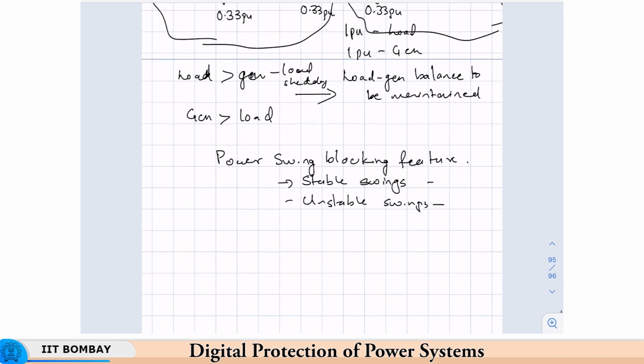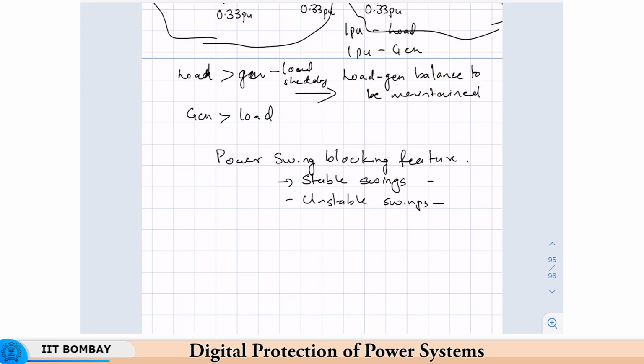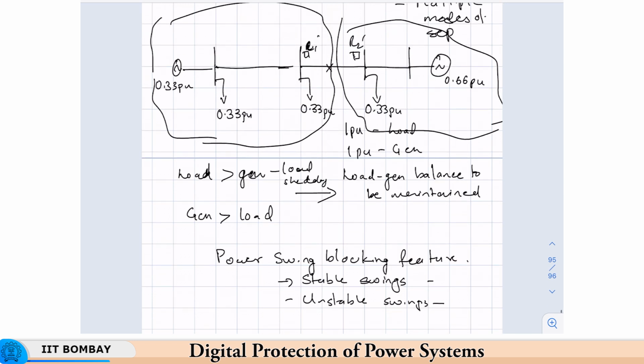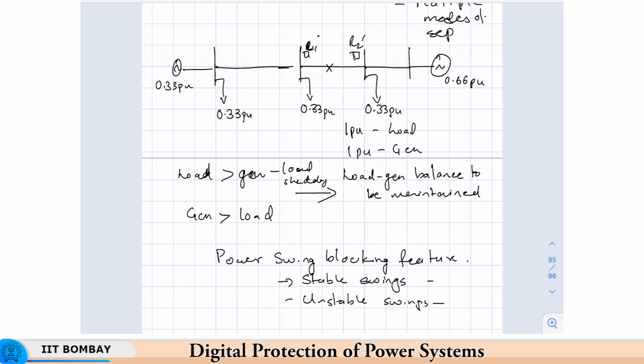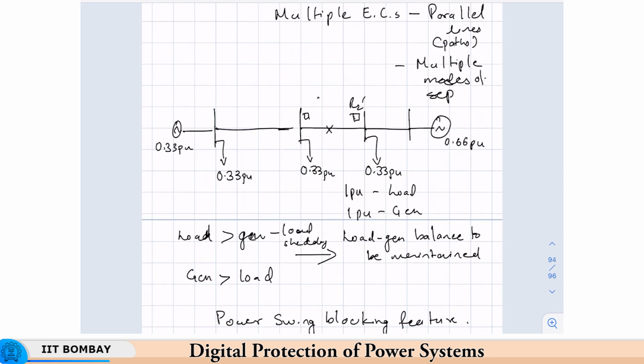So, now what do you have to do? You have to now identify islands like this. This could have been an island. I will just rub this out. This could have been one island and the rest would have been another island.